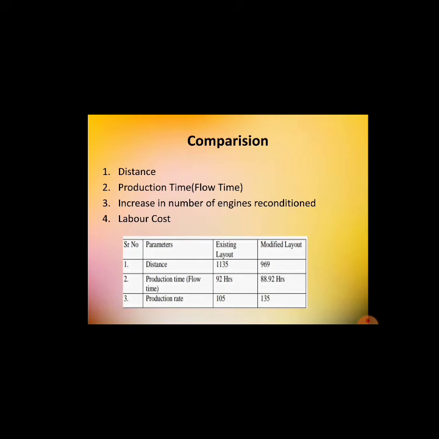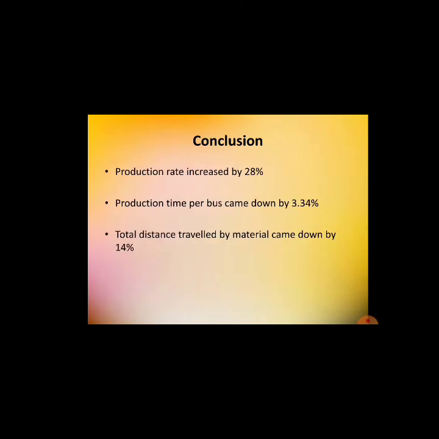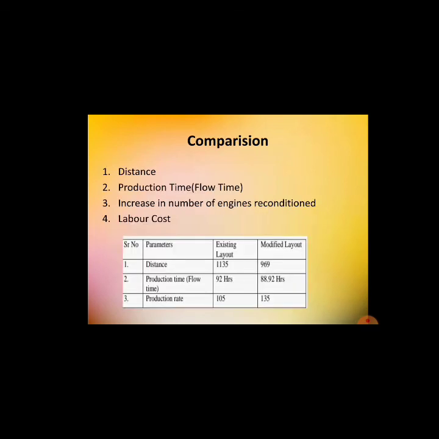So after the optimization and comparison of factors, there were some conclusions. As we saw, the production rate was increased by 28%. It means the engines, which were previously 105, now 135 engines can be reconditioned.